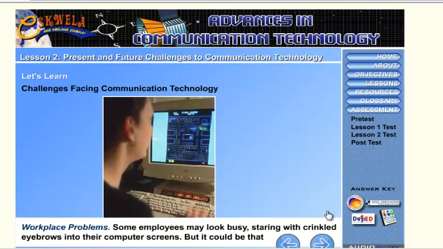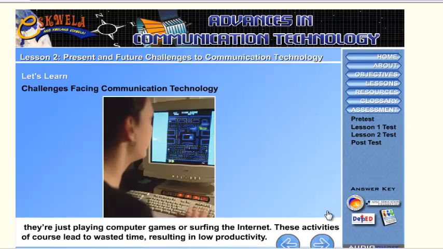Workplace problems. Some employees may look busy, staring with crinkled eyebrows into their computer screens, but it could be that they're just playing computer games or surfing the internet. These activities, of course, lead to wasted time, resulting in low productivity.